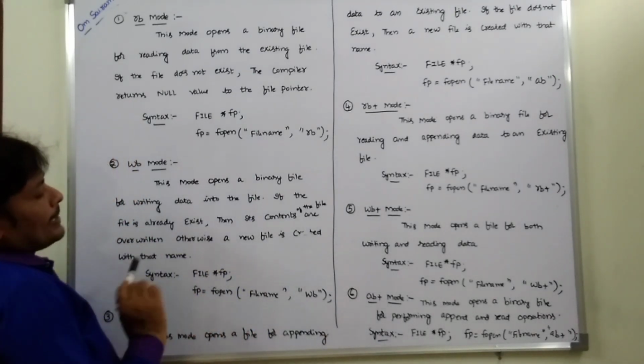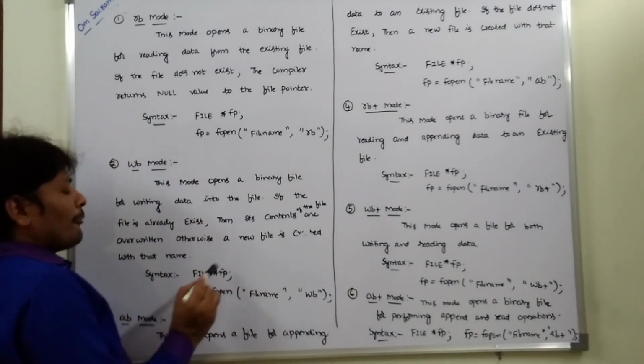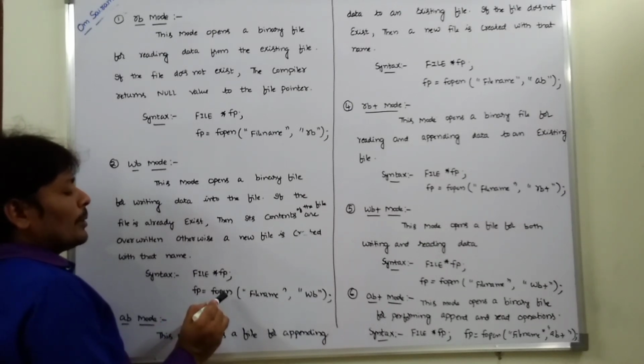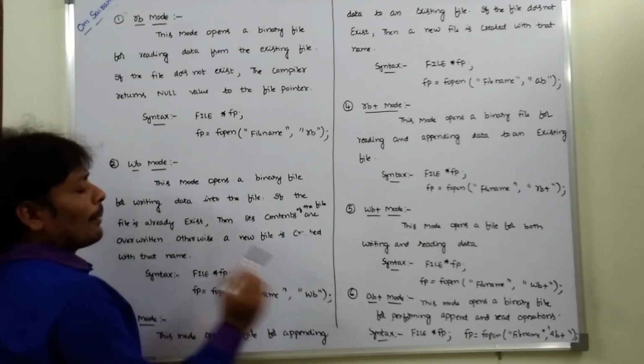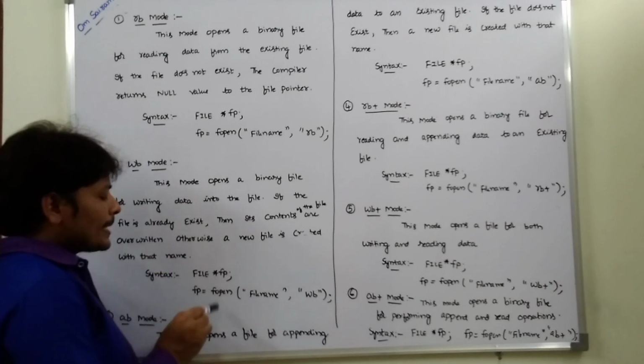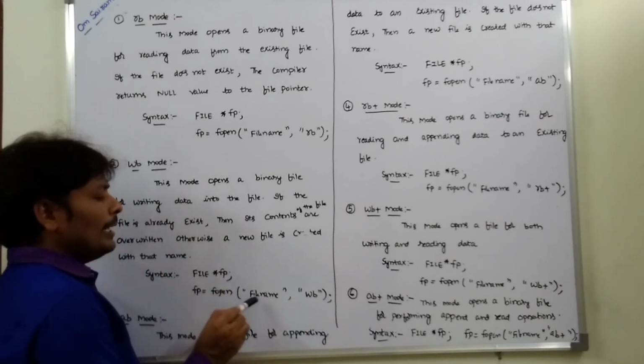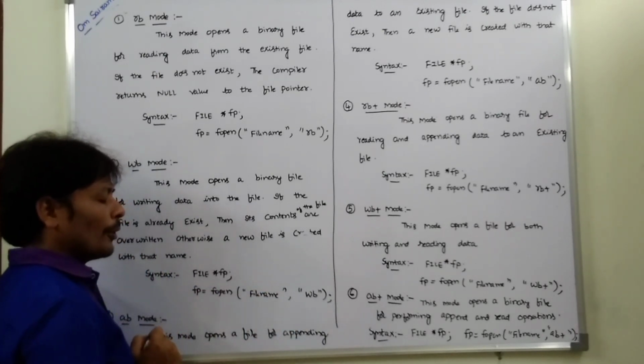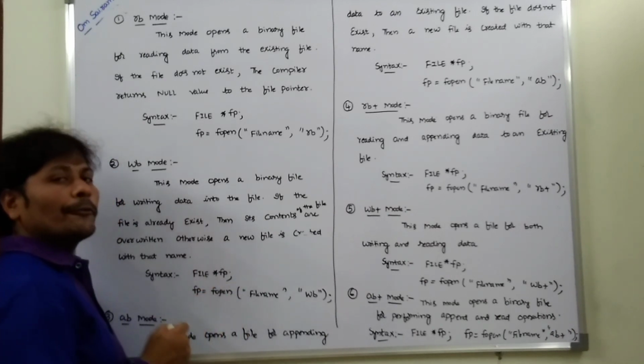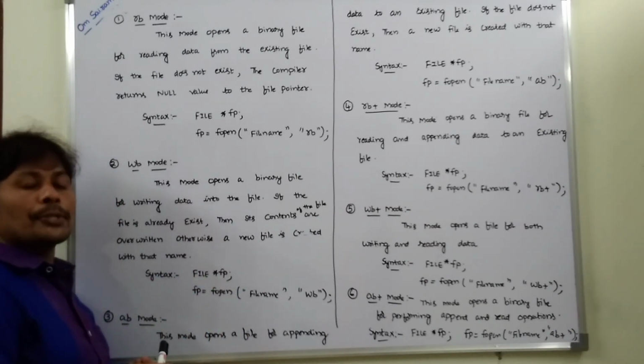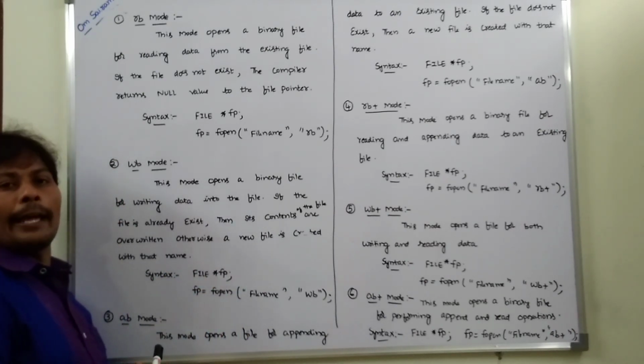Suppose this is the syntax: file pointer fp, fp is equal to fopen file name, WB mode. This mode opens a file in WB mode, so we can perform the write operation on a given binary file.